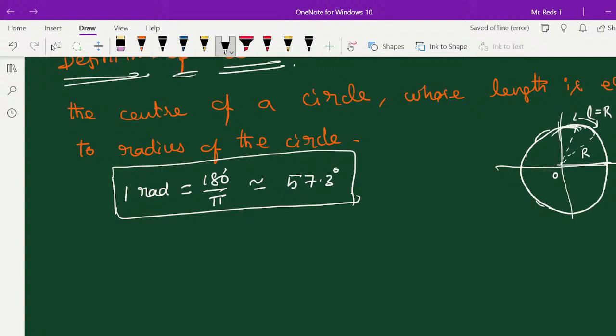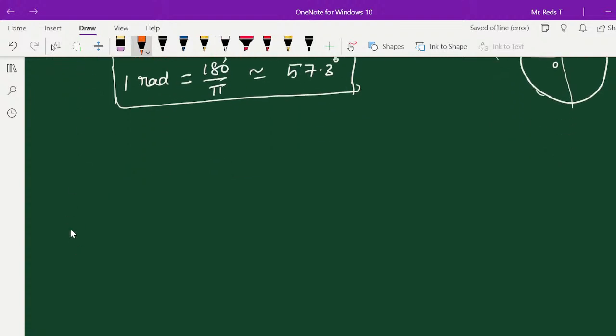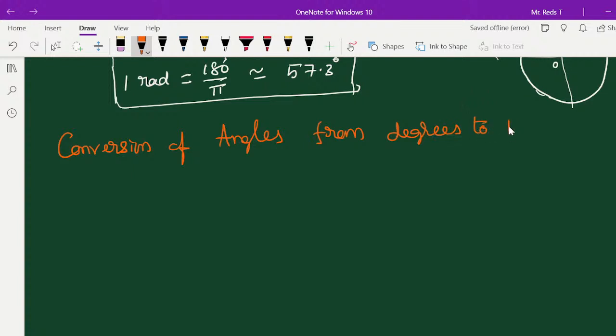Now write down the subheading: conversion of angles from radians to degrees and vice versa. Write down the subheading: conversion of angles from degrees to radian, and vice versa.